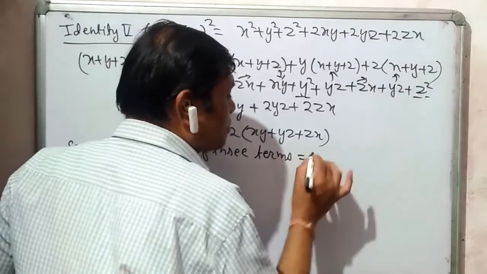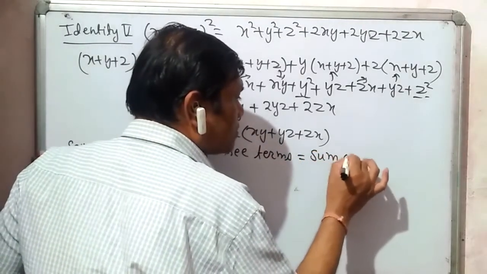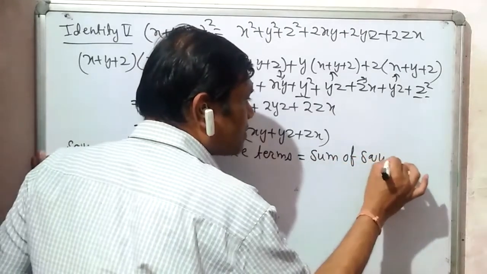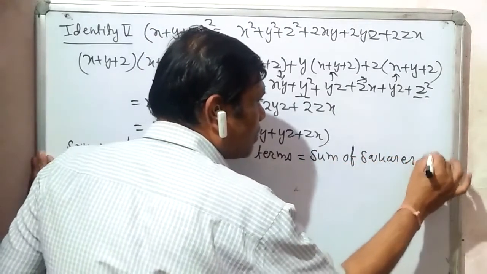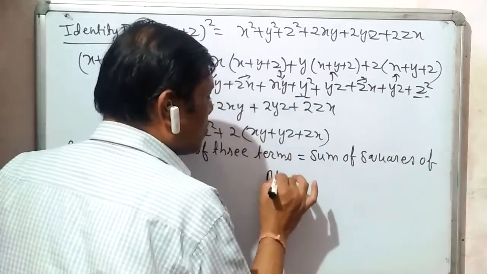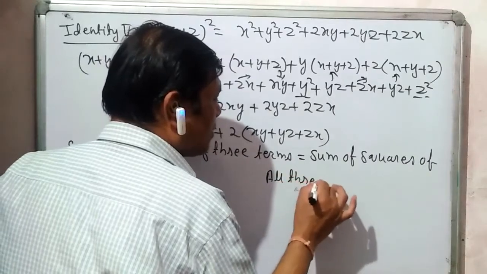This is equivalent to the sum of squares of all three.